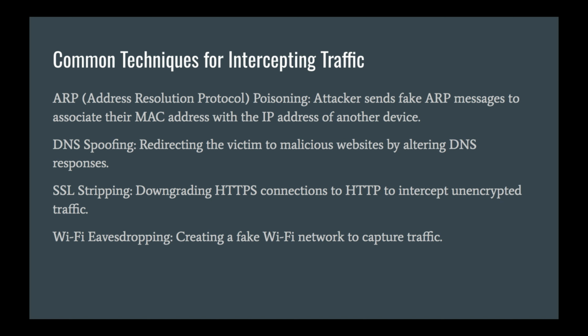SSL stripping, downgrading HTTPS connections to HTTP to intercept unencrypted traffic. And Wi-Fi eavesdropping, creating a fake Wi-Fi network to capture data. It is very common, hackers usually do this in coffee shops or airports where there are free networks.